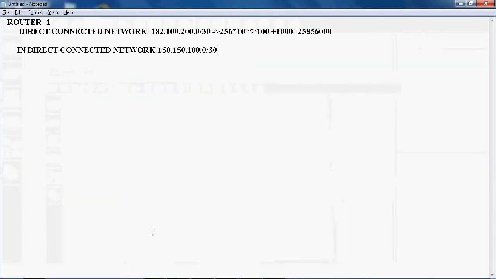Okay. If it is a directly connected network, we don't need to find the advertised distance; we just calculate the feasible distance, that's enough. But in an indirectly connected network we find the advertised distance as well as the feasible distance.